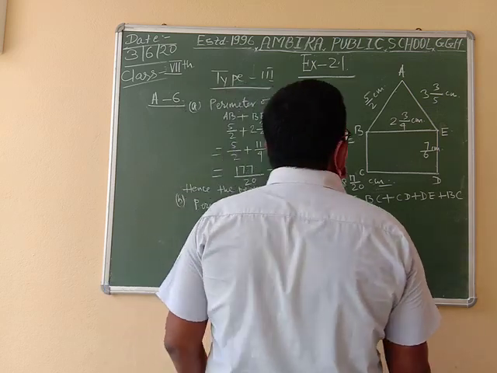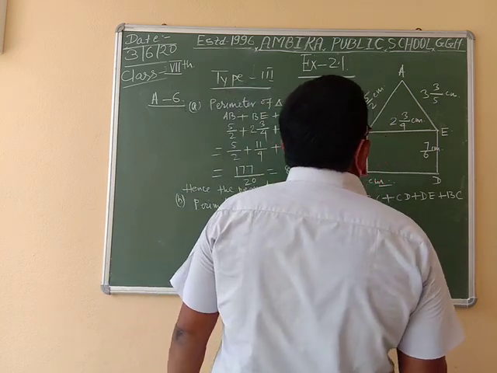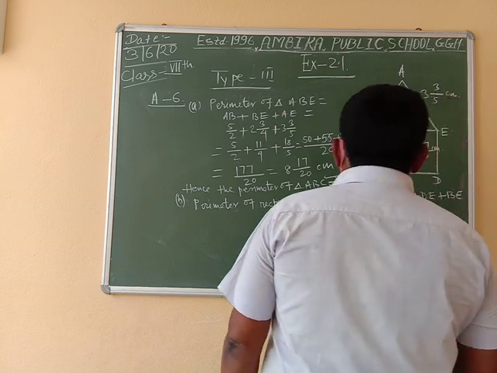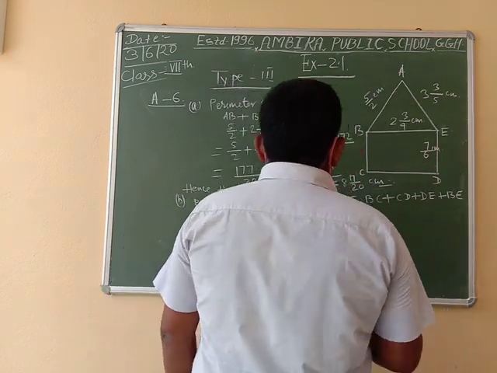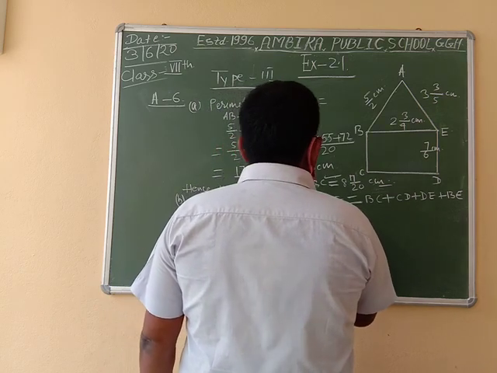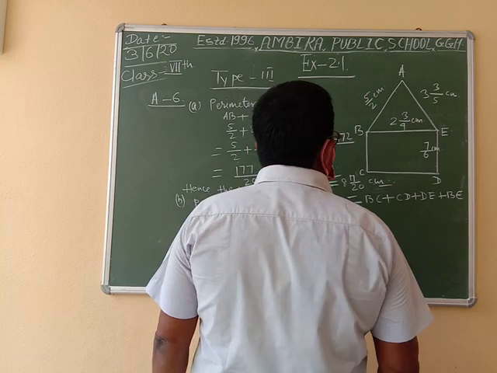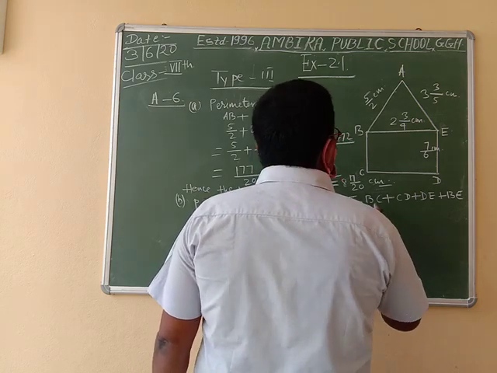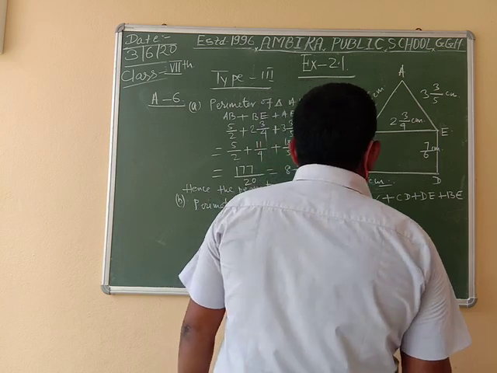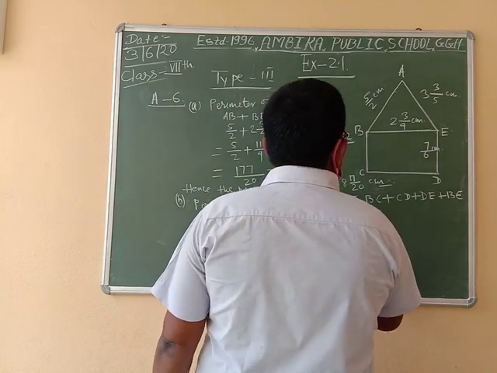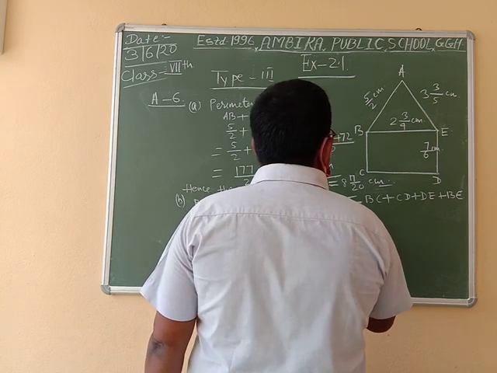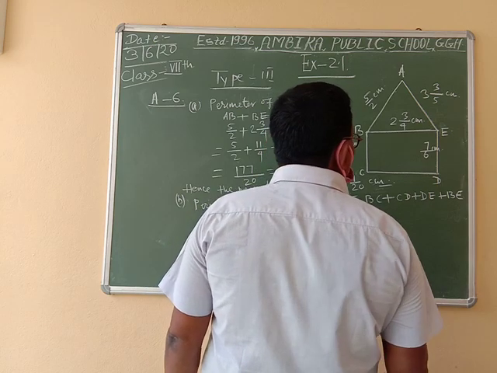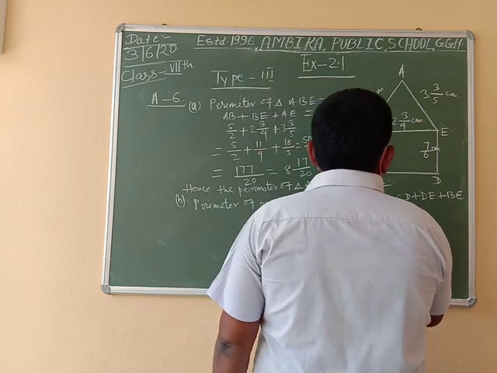BC plus CD plus DE plus BE is equal to 7 by 6 plus 7 by 6 plus, BC is 7 by 6, CD is 2 whole 3 by 4, plus DE is 7 by 6, plus BE is equal to 2 whole 3 by 4.